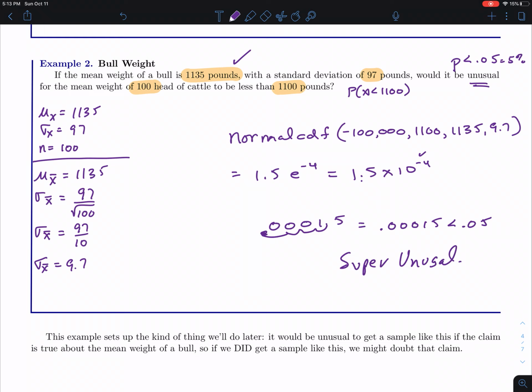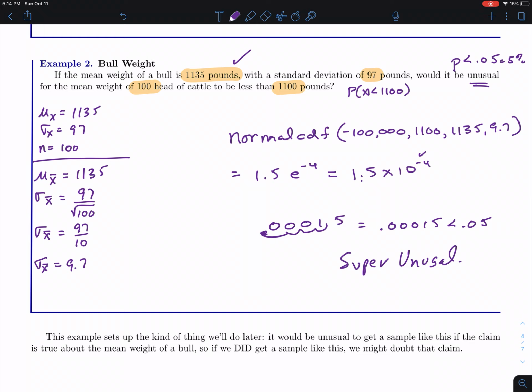So either the original population mean was just wrong, like someone predicted and it wasn't even close to right, or it is possible that maybe your sample was bad, but with a sample of 100 head of cattle, it's pretty unlikely that the sample was bad.